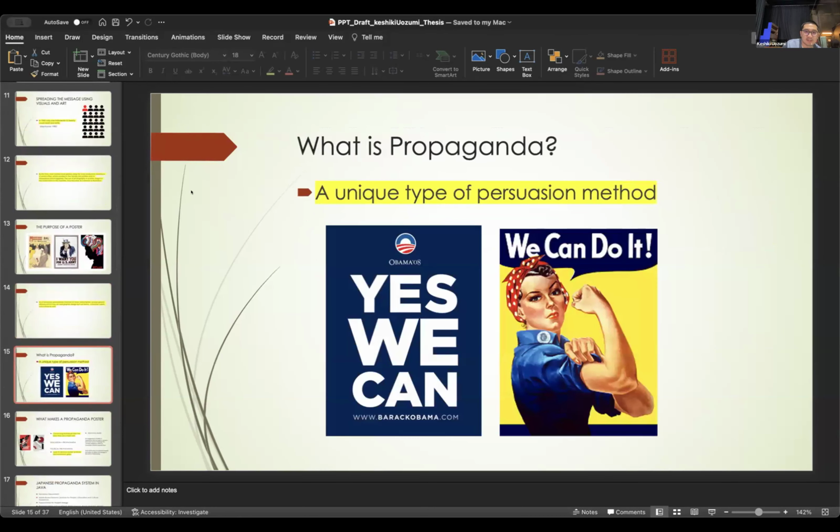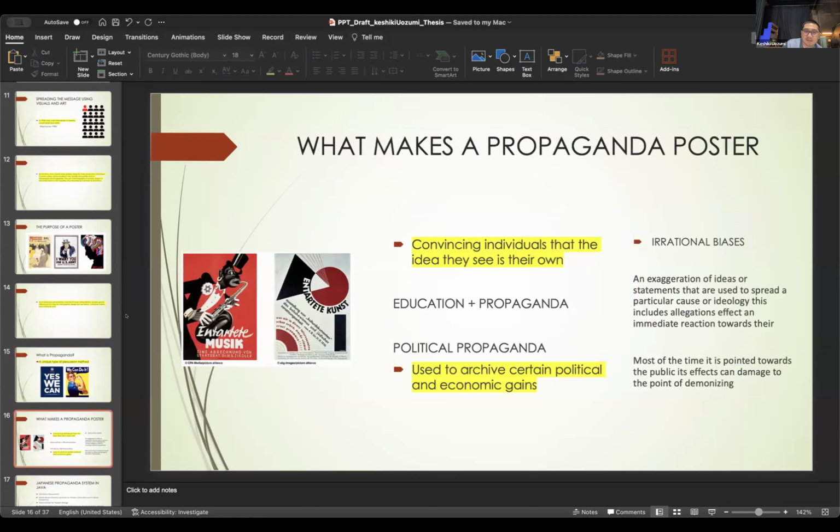And what is propaganda? It is a unique type of persuasion method. What makes a propaganda poster is the combination of education and propaganda, convincing individuals that the idea they see is their own. Political propaganda is used to achieve certain political and economic gains.